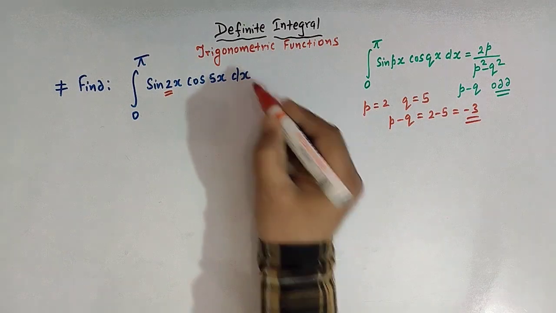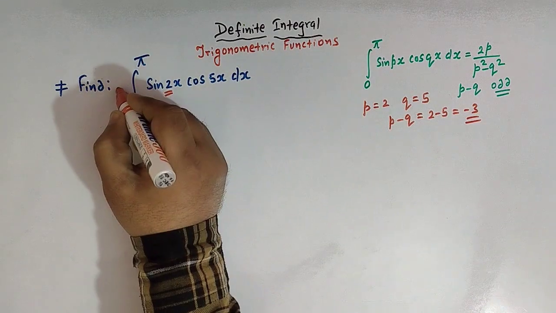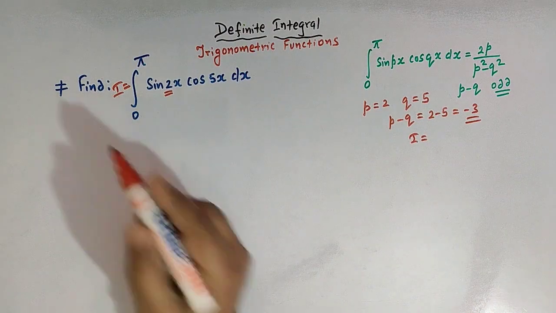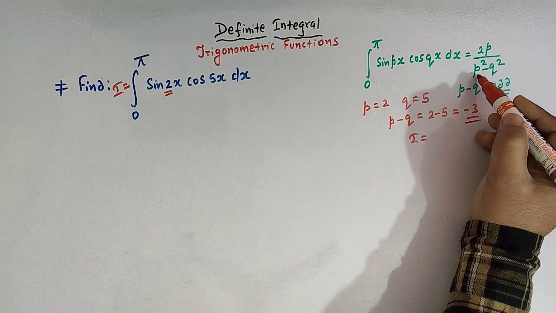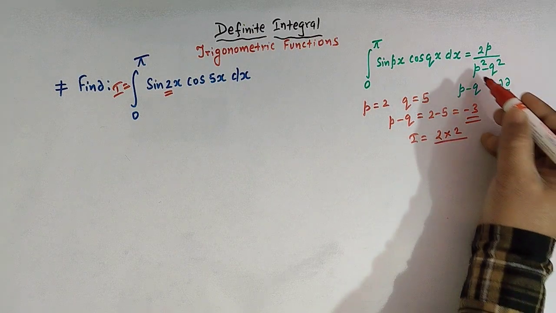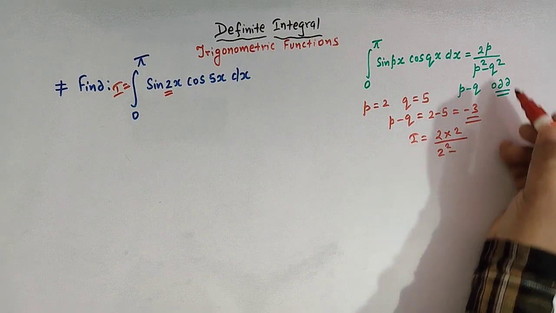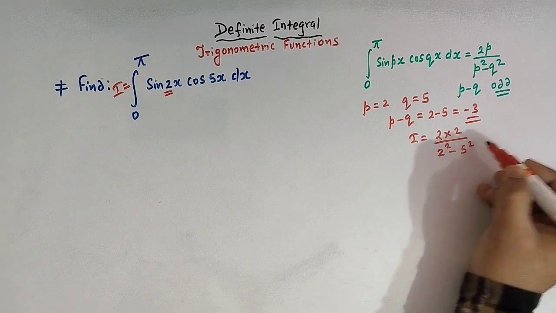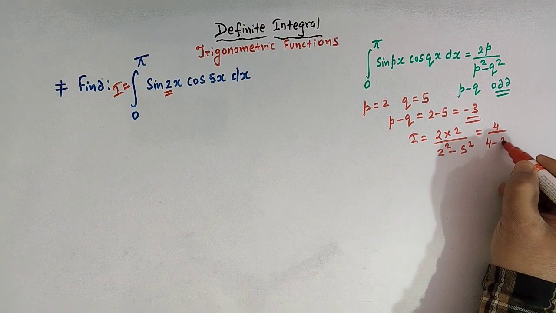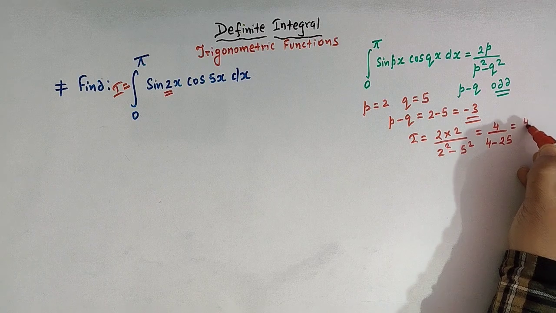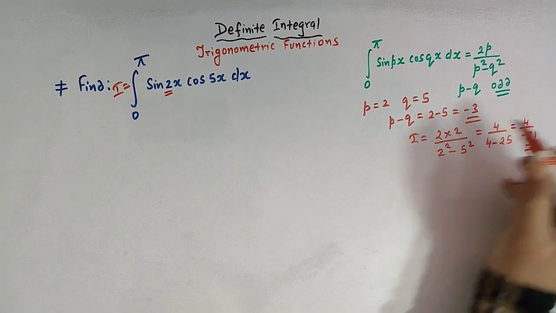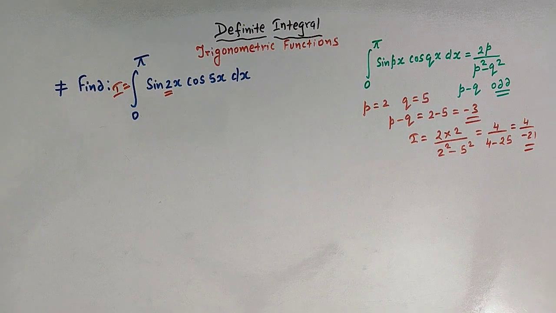Let us call this integral I. Its direct value is 2p divided by p square minus q square. So we have 2 times 2, and p square is 2 square and q square is 5 square. So this is 4 divided by 4 minus 25, that is 4 over minus 21. This is the value of this integral.